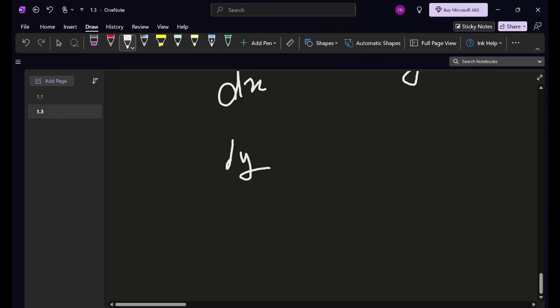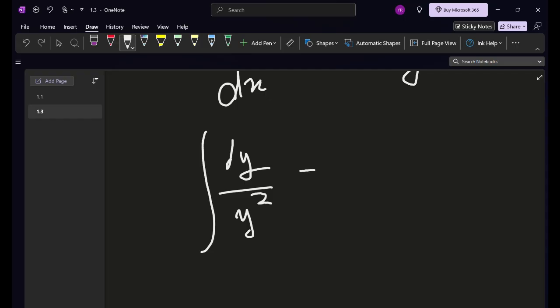Then dy by y square, we are basically just separating variables now, is going to be equal to the integration of e to the power 2x minus 1 dx.